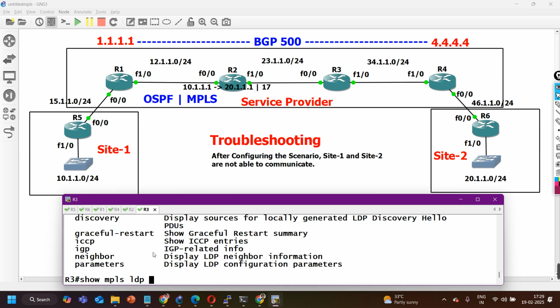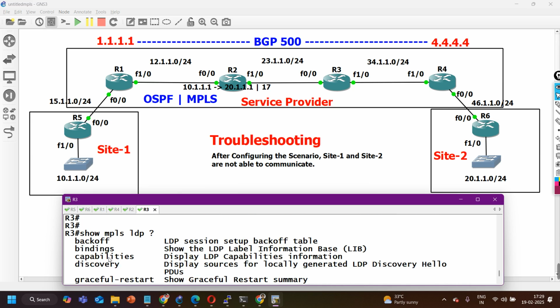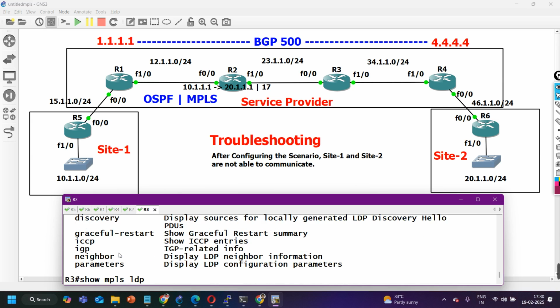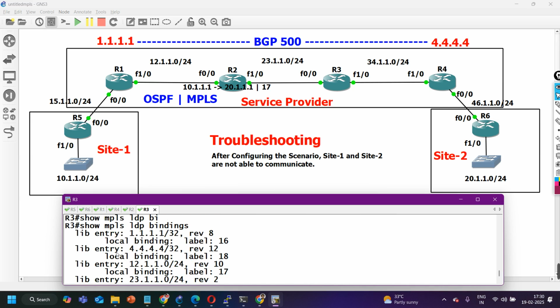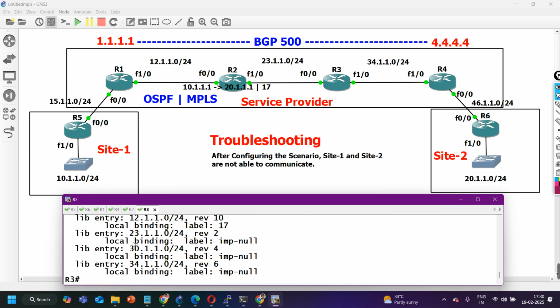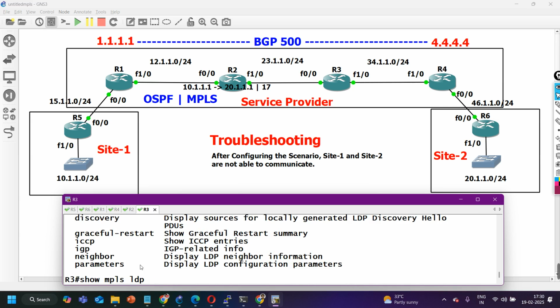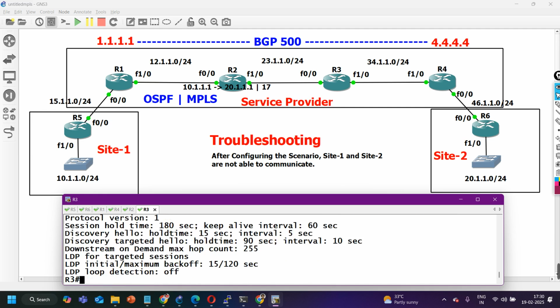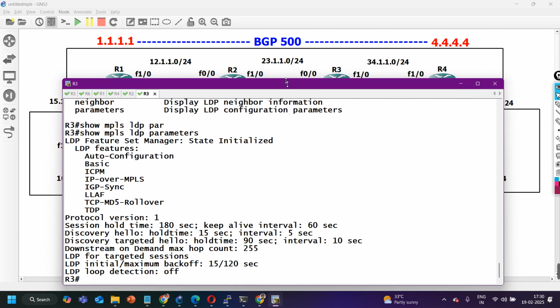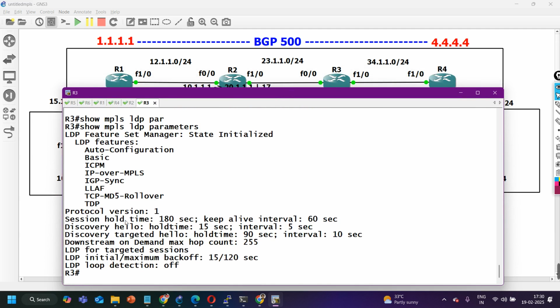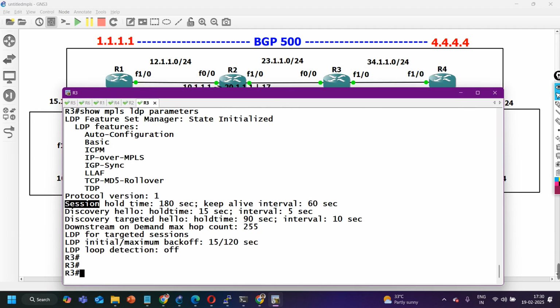Then we can check the LDP binding. So this is the binding table. Okay, fine, the binding table is there, and so LDP, okay, these are fine.